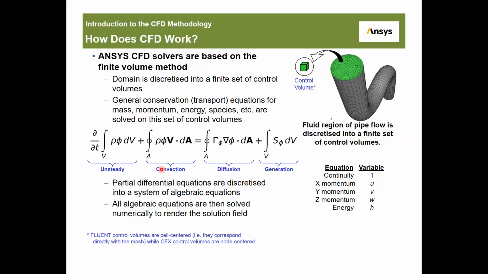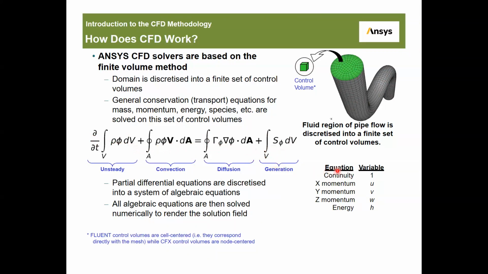So this is the general transport equation, right? We have, for example, d/dt of the integral of rho phi dV, plus the integral of rho phi v dA, plus etc. Right?